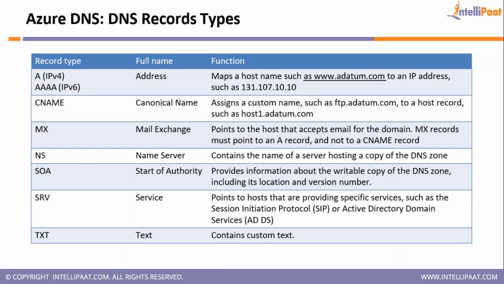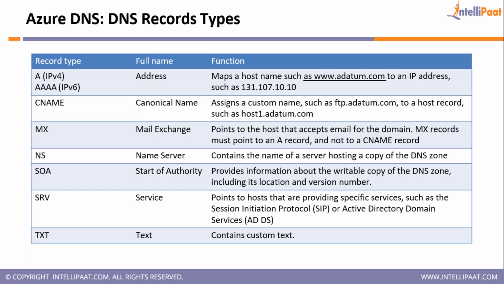SRV records are another kind of records which point to hosts that are providing specific services such as session initiation protocol SIP or ADDS Active Directory Domain Services. The whole point is that all these records are meant for different services. This is not something specific to Azure.